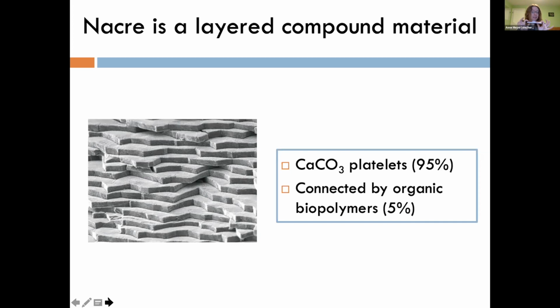If you try to bend it and break it that way, the alternating layers mean that if a crack starts to form in the bottom, it can't propagate through the layer of biopolymers. It has to have a very long fracture propagation length before it gets all the way to the top of the material. Or if you have a little bit of force that breaks a couple of the platelets, that can be okay because the rest of the platelets didn't get fractured and they're going to stay intact. And there are other mechanisms as well that keep it really tough.